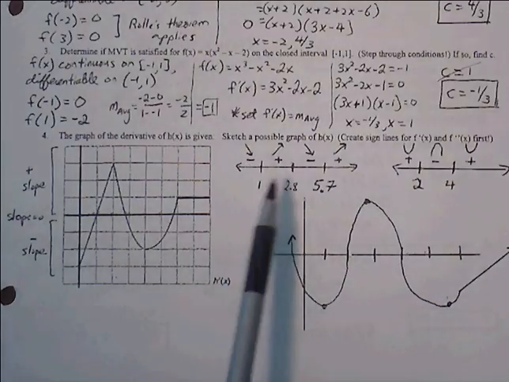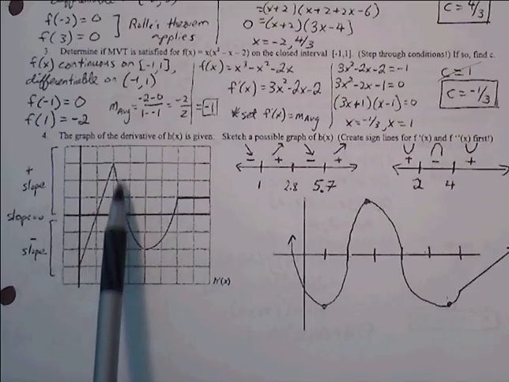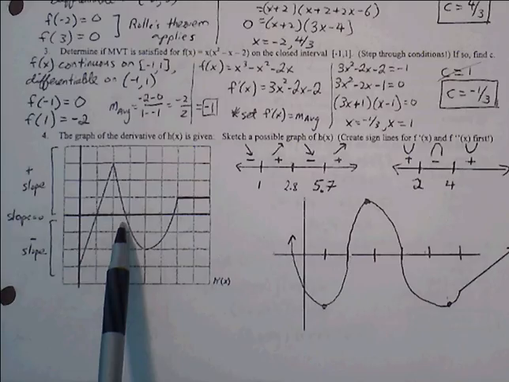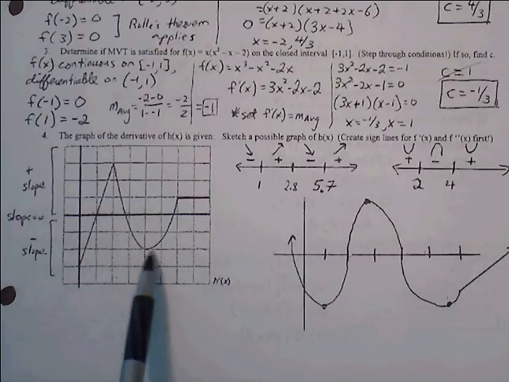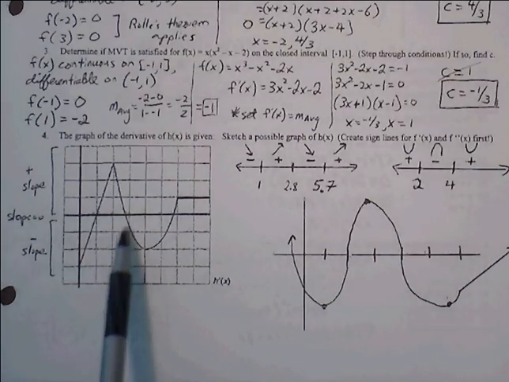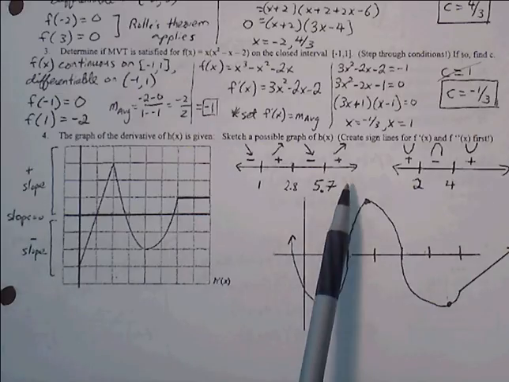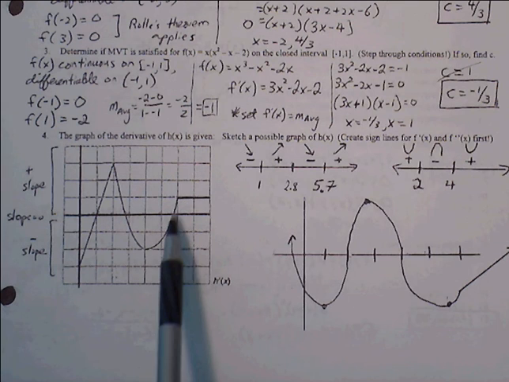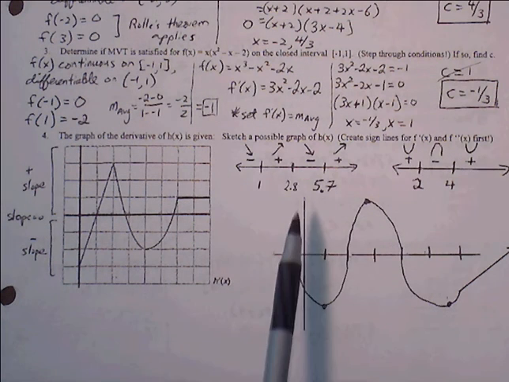To the right of 1, we see the graph is sitting above the x-axis, so positive slope. Between 2.8 and 5.7, this portion of the graph is below the x-axis, so that represents where the slope is negative. And then to the right of 5.7, it's going to come up above the x-axis, so we're going to say that's a positive slope.